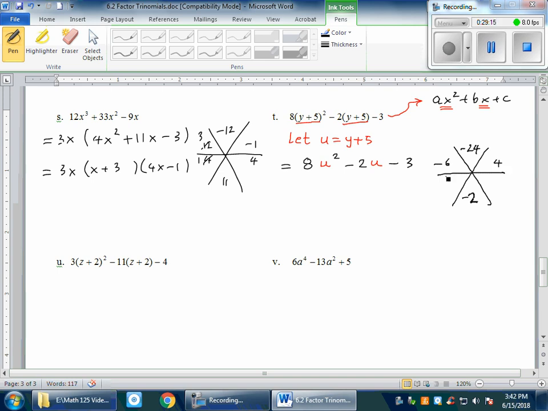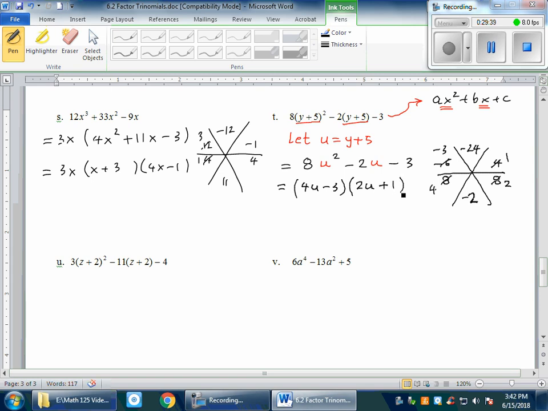And then we divide it by a, which is 8. And reduce it, that will give me 2 goes into 6 3 times, 2 goes into 8 4 times, 4 goes into 4 1 time, 4 goes into 8 2 times. Which we get 4u minus 3 and then 2u plus 1.